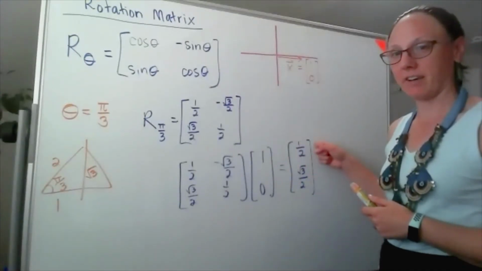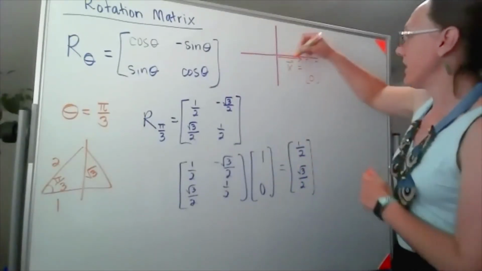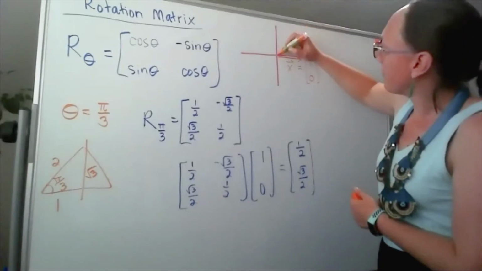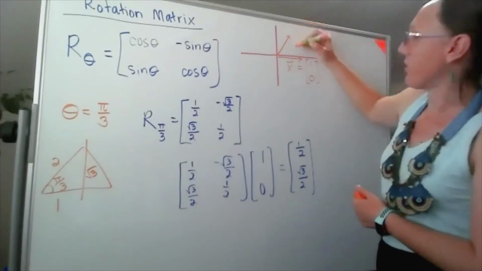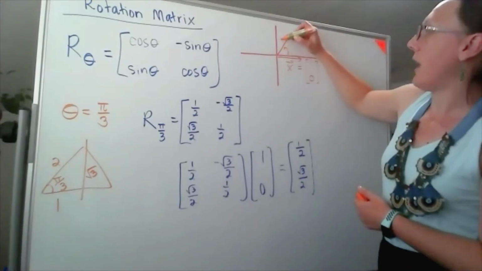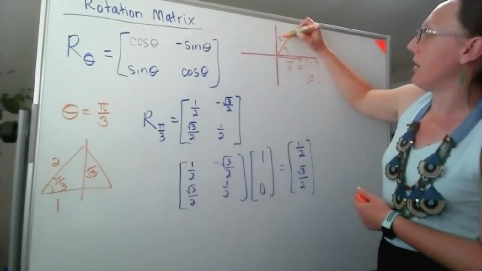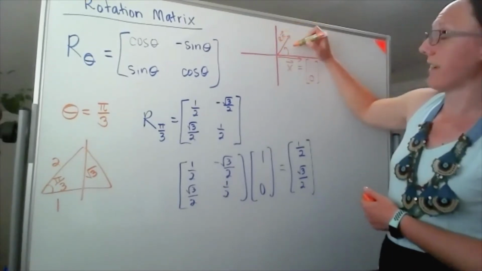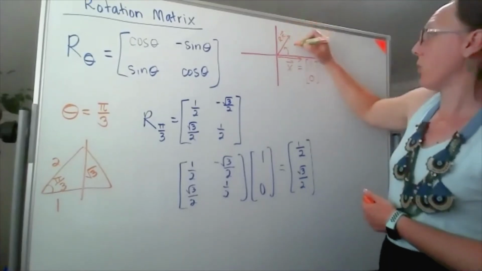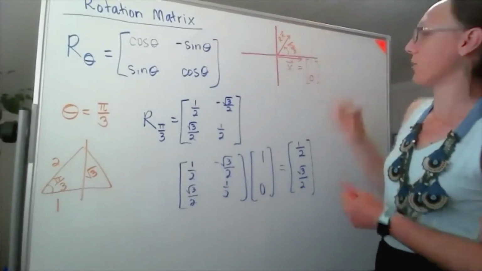I've got a positive x value, positive y value. So we went from a vector that looked like that to a vector that looked like that. So our x rotated the vector counterclockwise by pi over 3.